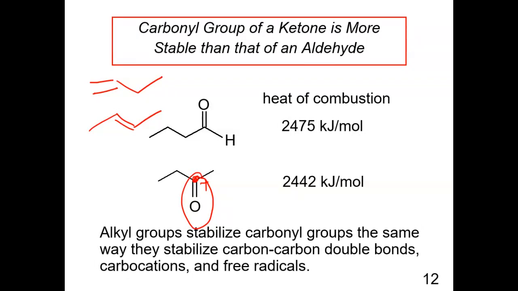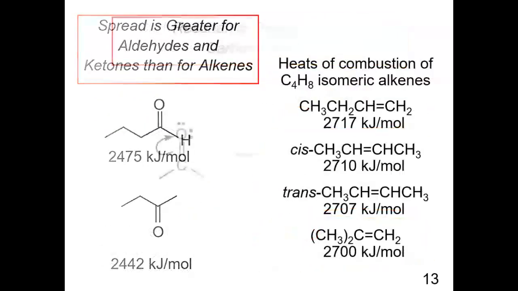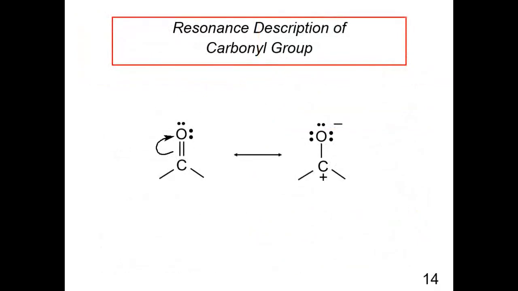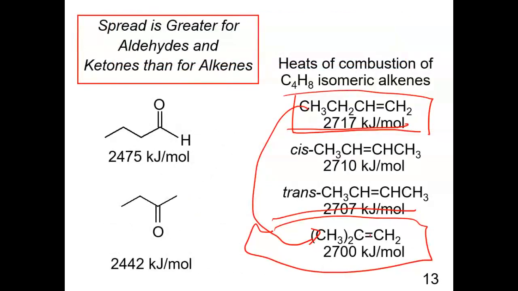So for this reason, the ketone has 2 alkyl groups, and the additional alkyl group provides a substantially greater stability enhancement than in alkenes, because the carbonyl carbon is substantially more electron deficient than the alkene double bond.